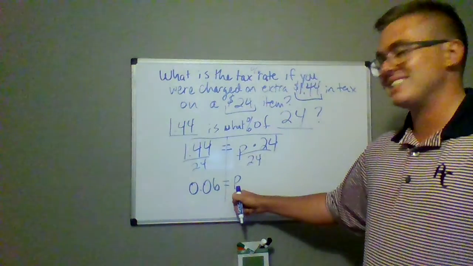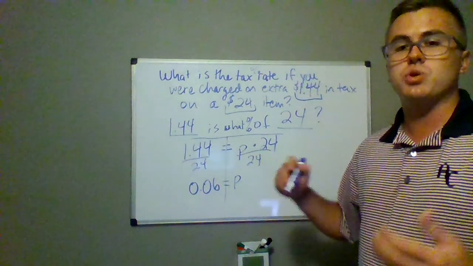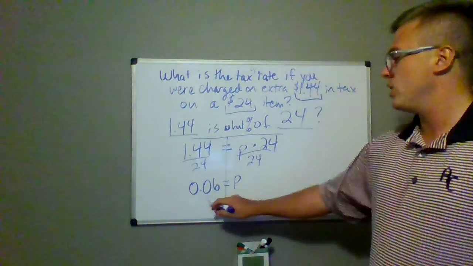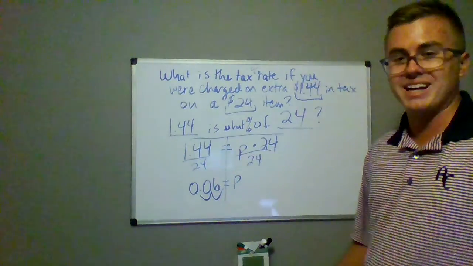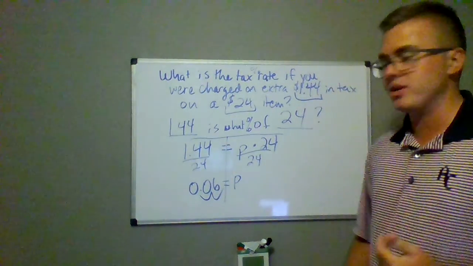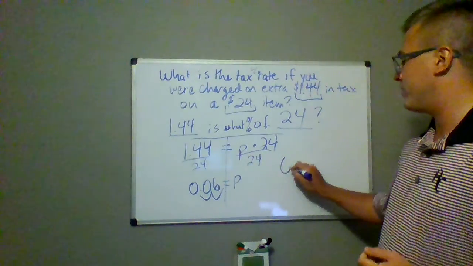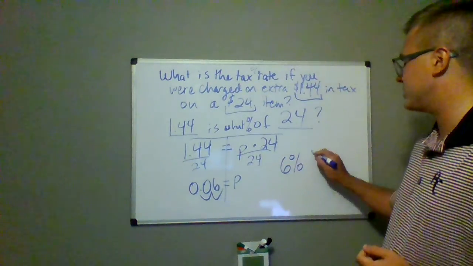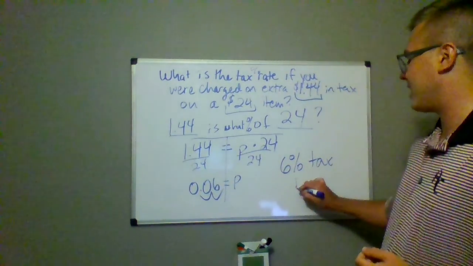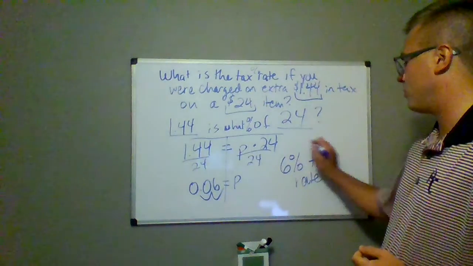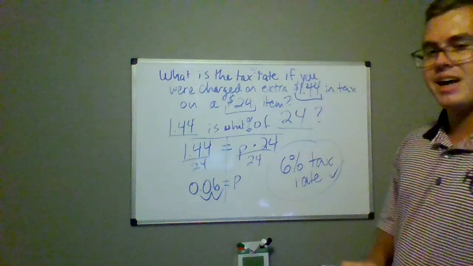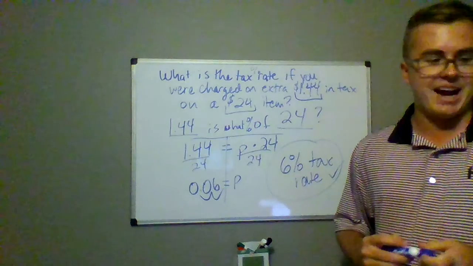That represents a percentage. So remember, when we have a percentage, we have to move it 1, 2 back to the right to convert it back to a percentage. So in this case, it becomes a 6% tax rate, which is our final answer.